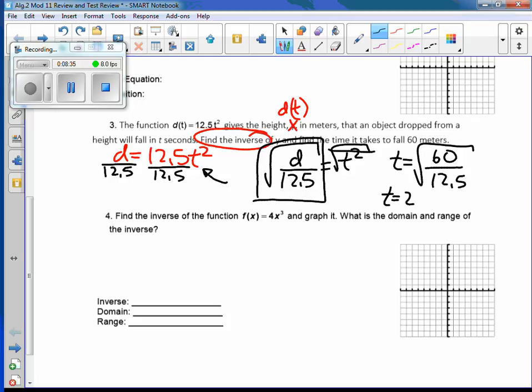All right, so I got 2.19, and I'm going to round to 1 decimal place seconds. All right. Okay, so now let's go on to another example.